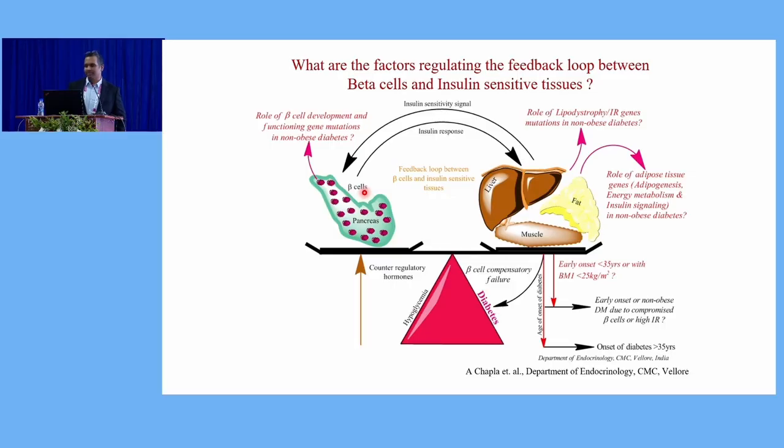You see hyperinsulinemia in type 2 diabetes quite a bit, and the beta cells can compensate. If there is a loss of beta cell function, or it's a developmental defect, the compensation, the feedback loop, can be affected, and therefore early onset diabetes or low BMI diabetes. Or it could be other factors which influence insulin resistance, right?